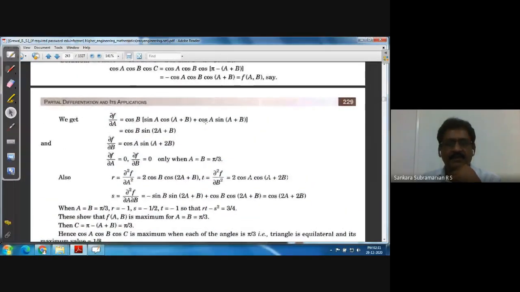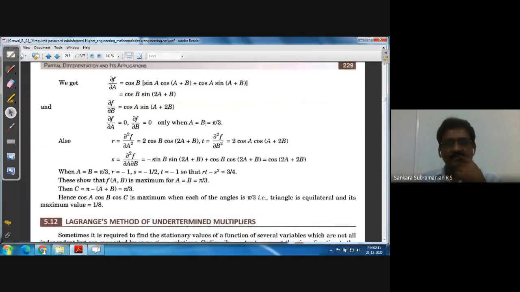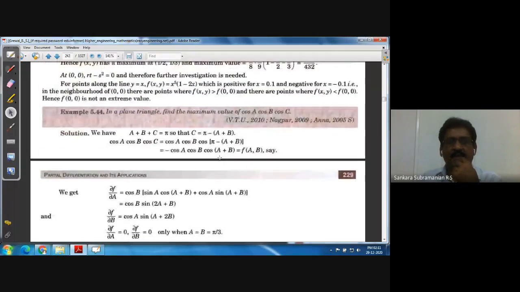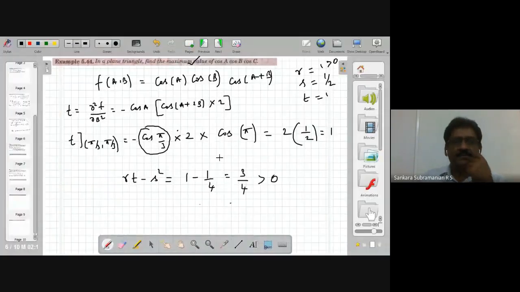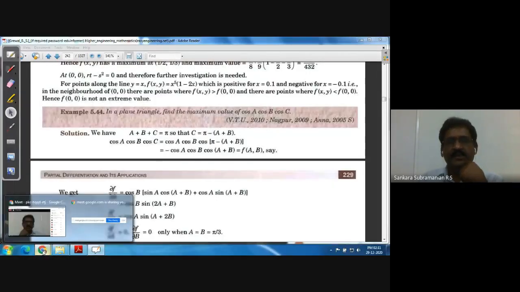Where we have proceeded, R is negative, S is minus 1/2, T is minus 1. Here RT minus S square is 1. Where we have made an error? கண்டுபிடிக்க முடியுதா?